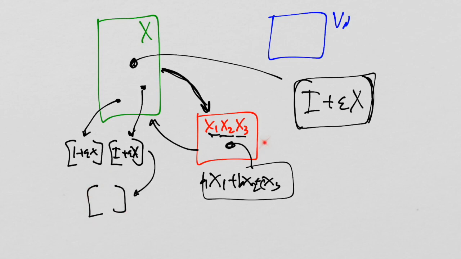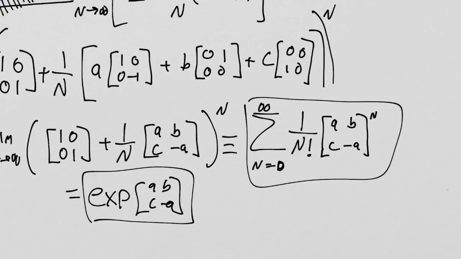But that will not necessarily, or almost certainly not, be an element of the underlying vector space. So when we go back to here and look at this guy, these matrix multiplications are happening in the Lie group, not in the vector space, because there is no multiplication in the vector space.